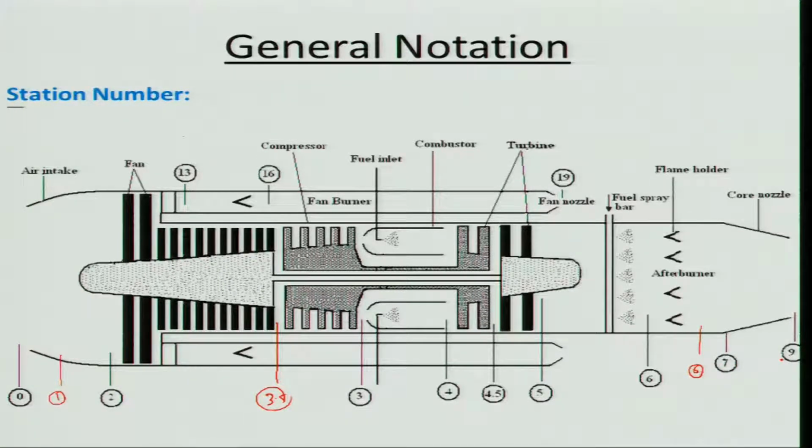You might be thinking, where is the 8? 8 is there whenever you use a convergent-divergent nozzle; the throat region is known as 8.